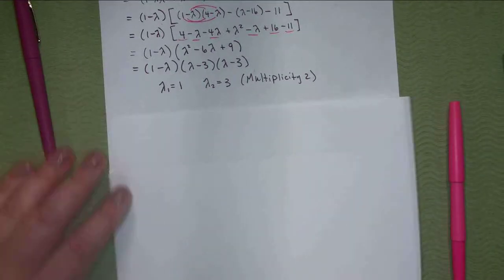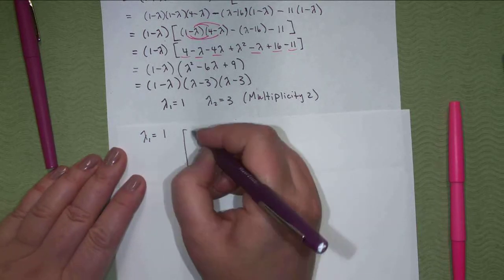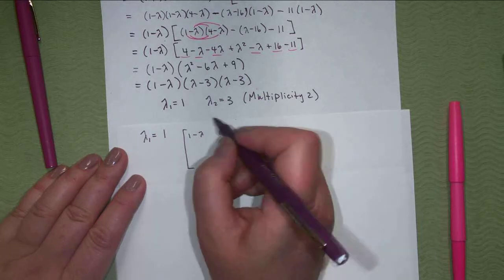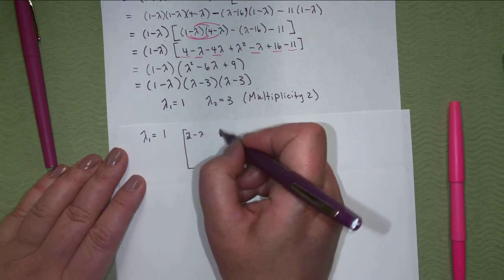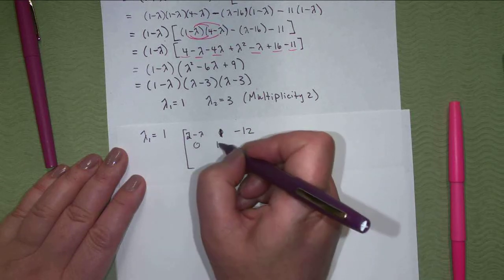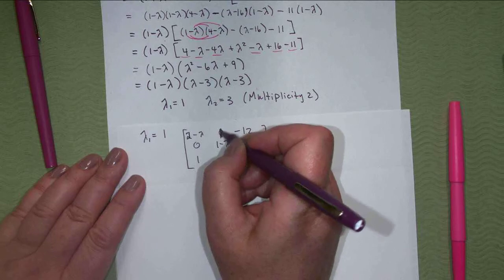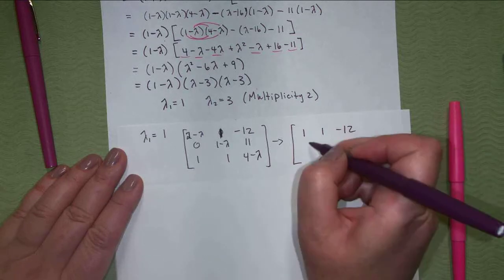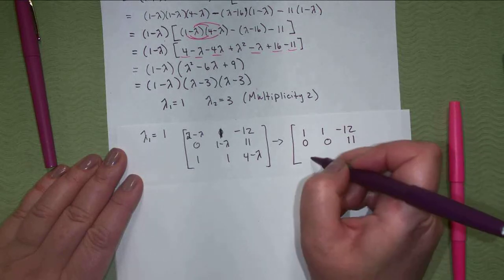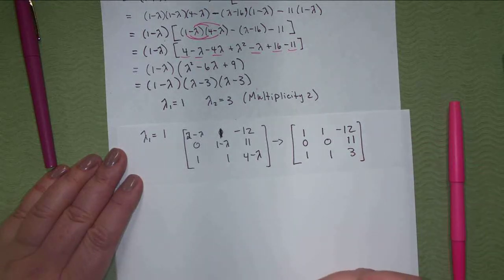So for lambda equals 1, okay, so going back to our A minus lambda I, plugging your 1 in. This is weird.